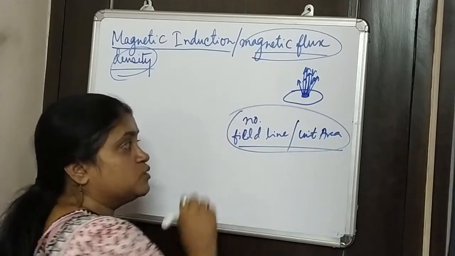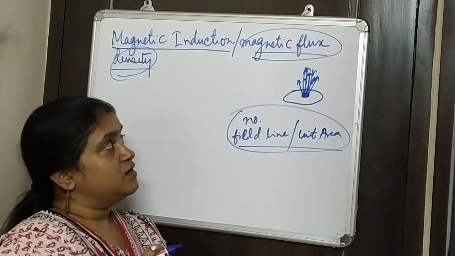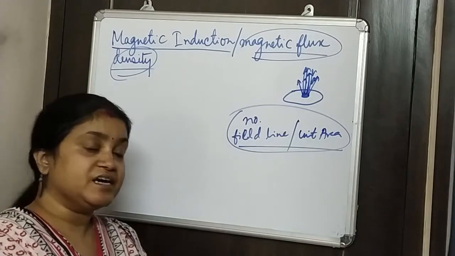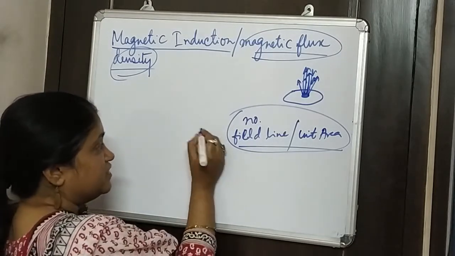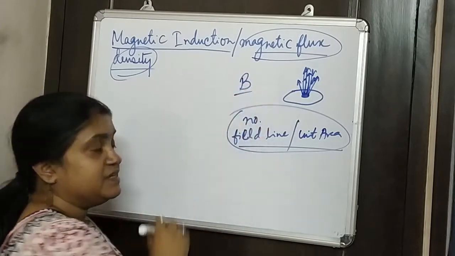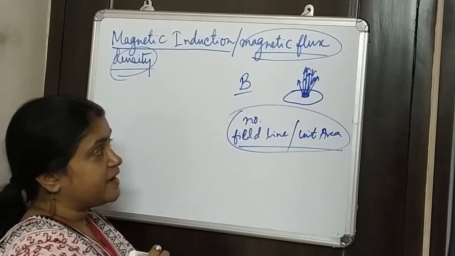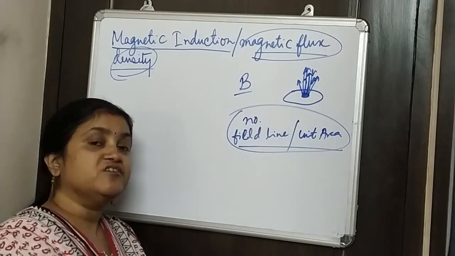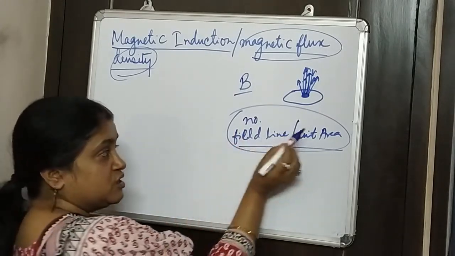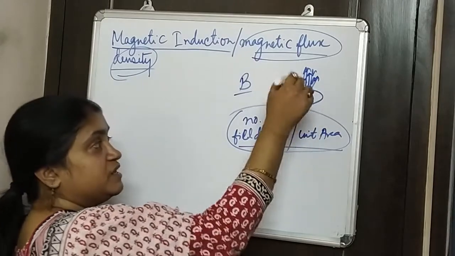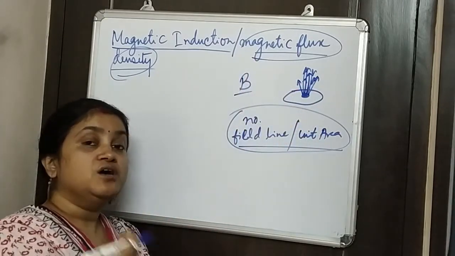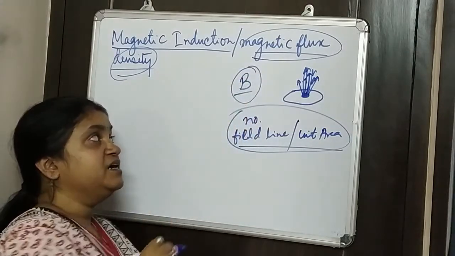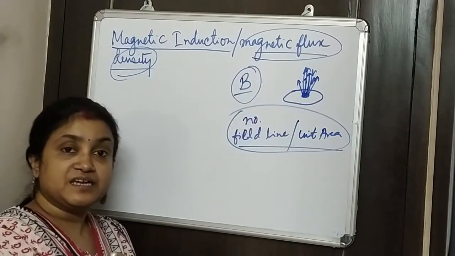This is what is called magnetic flux density. It is also called magnetic induction, and we denote it as B. B is the flux density for any kind of material, given by how many lines pass through per unit area.